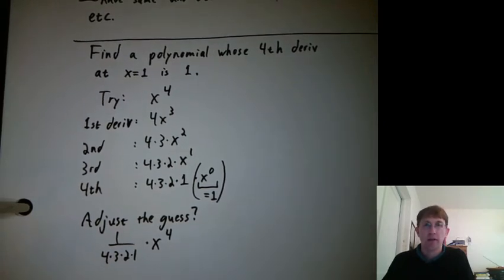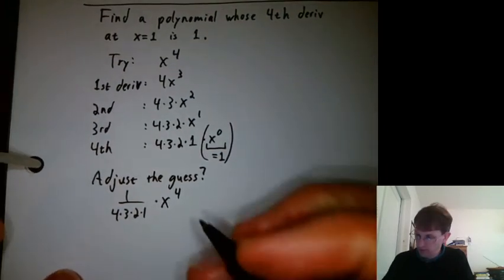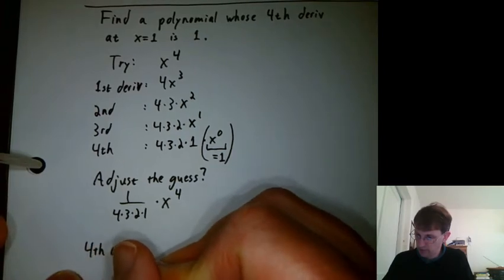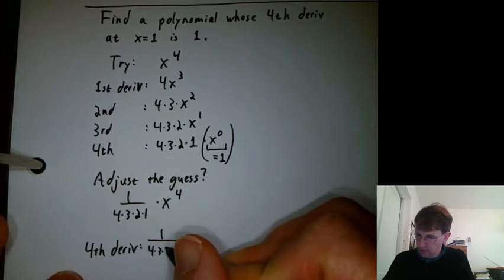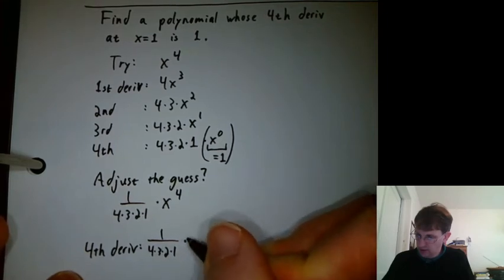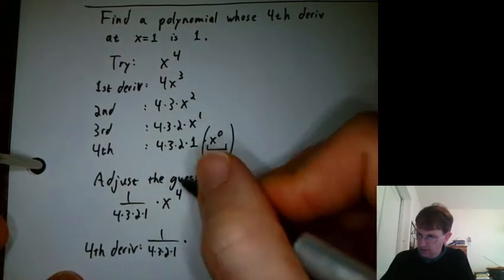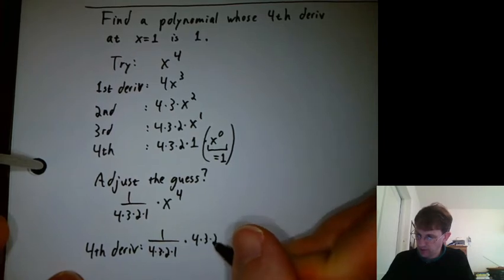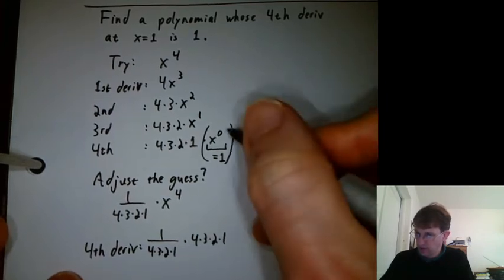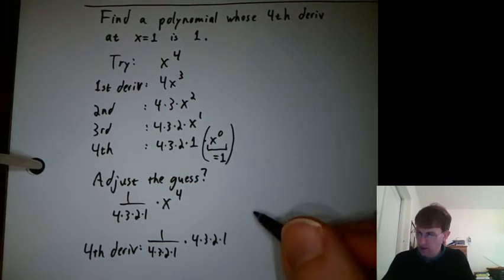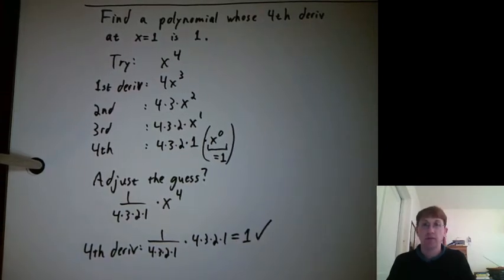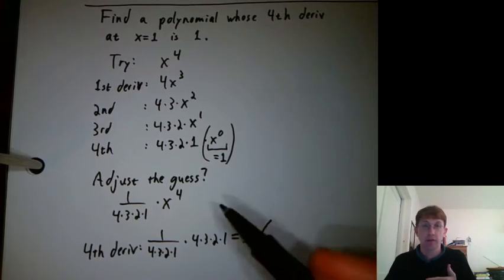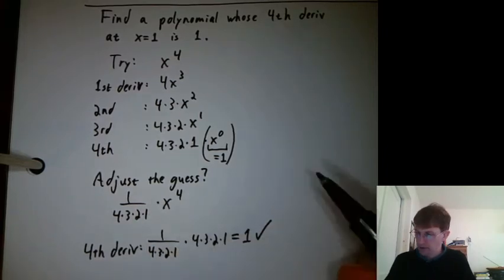And then what are you going to get for the fourth derivative? It would be 1 over 4 times 3 times 2 times 1 times the fourth derivative of that, which we got there, 4 times 3 times 2 times 1, and you could just leave off the x to the 0. So that all ends up canceling and gives us a fourth derivative of 1, just like we hoped for when we adjusted the guess.